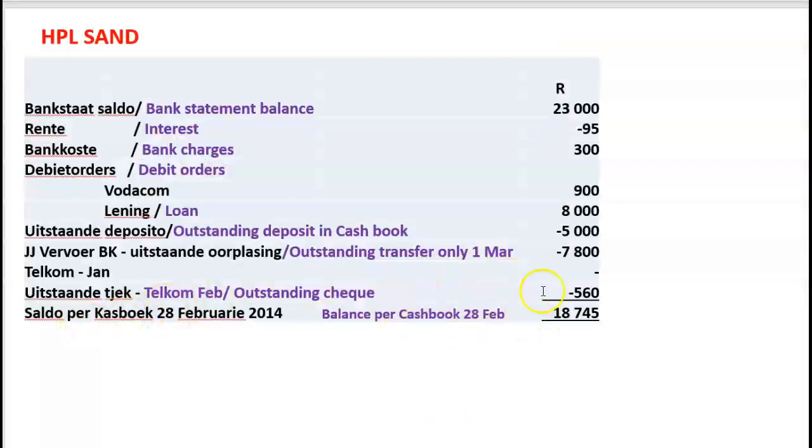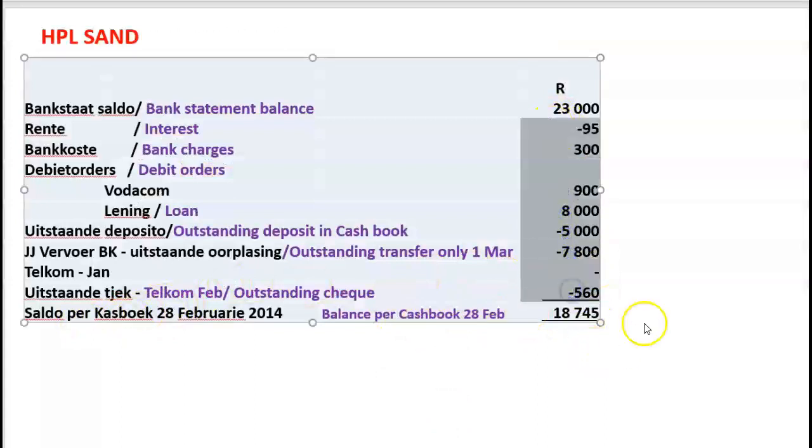So our balance as per the cash book before any of these adjusting entries went through was 18,745. Now, if we're going to pass the entries in our books, it means that we will start off our cash book with a balance of 18,745. Then we will recognize the interest on the debit side, the bank charges on the credit side, the debit orders on the credit side.